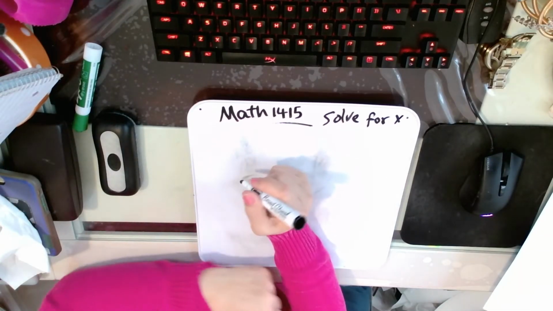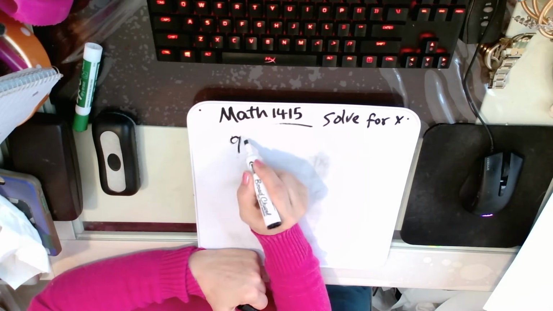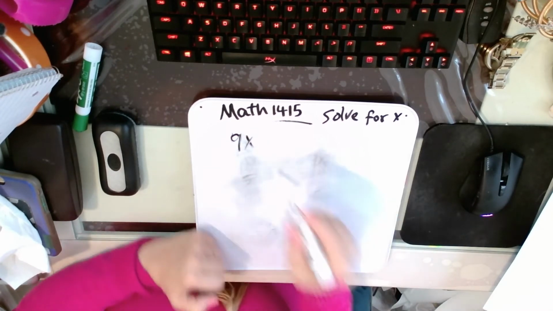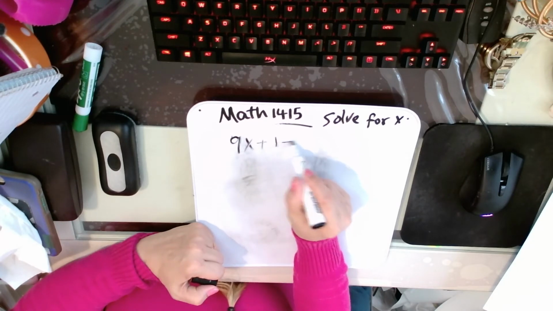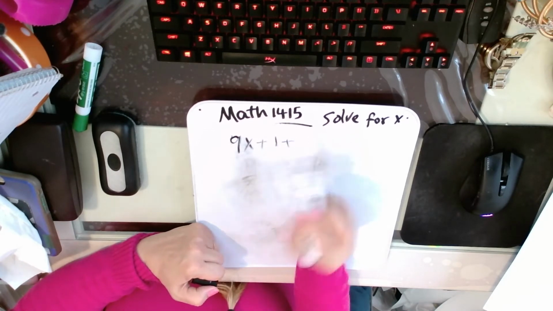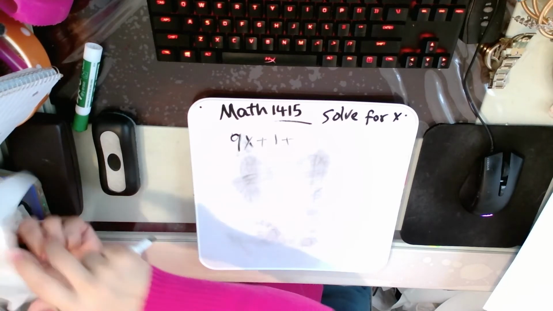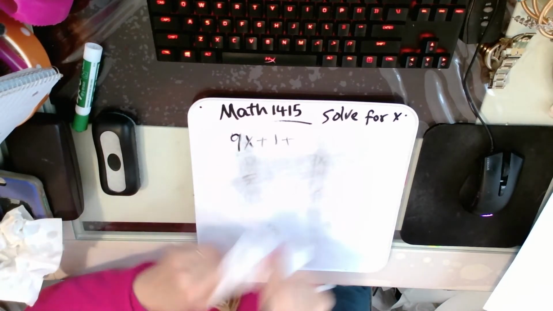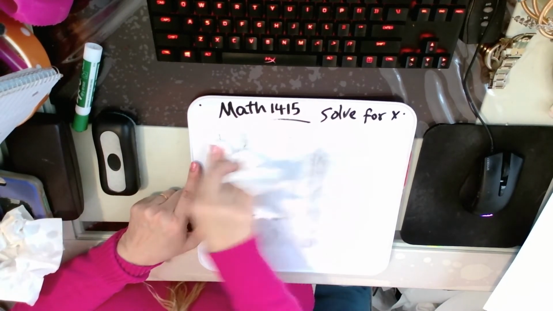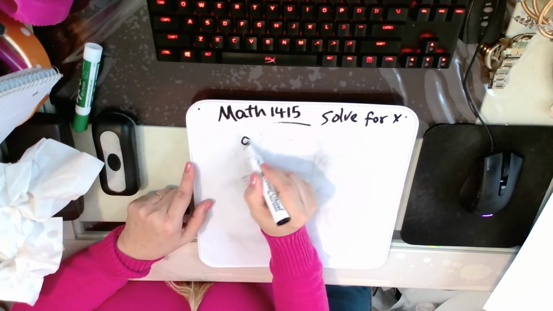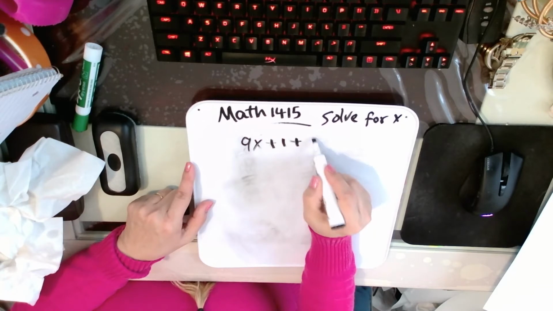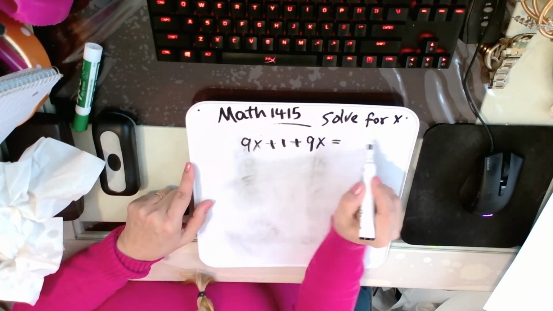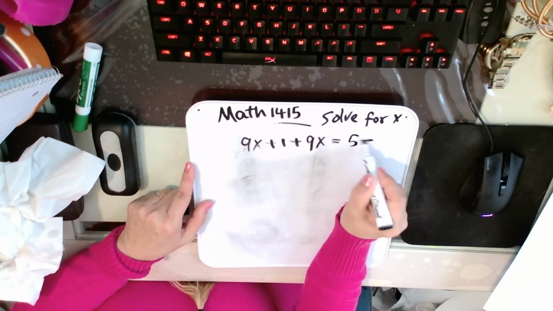Let's solve this question. 9x plus 1 plus 9x equals 5 minus 4.